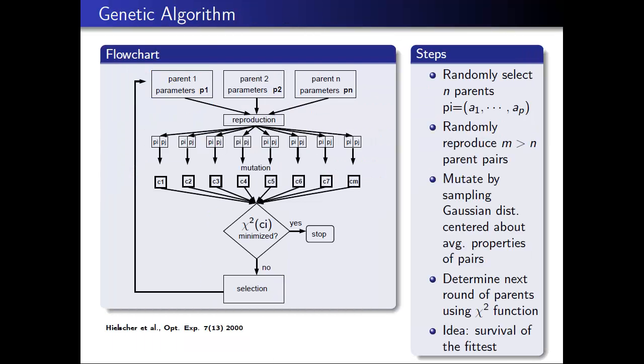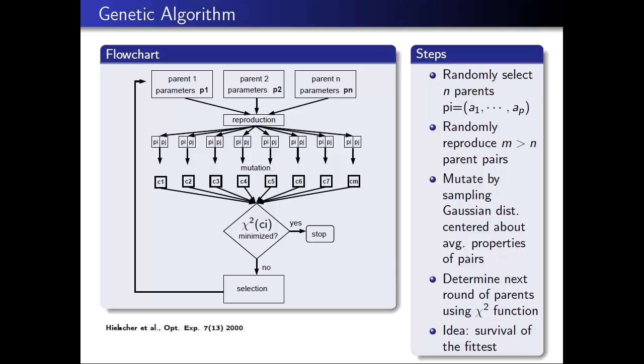The next direct method is a genetic algorithm, and Hilscher had good luck with this one when compared to Levenberg-Marquardt. You pick n parents, and each parent is a set of optical properties. Then you randomly produce m pairs. You take these parents, team them together, and make m of these teams, and m is greater than the number of parents you started with.